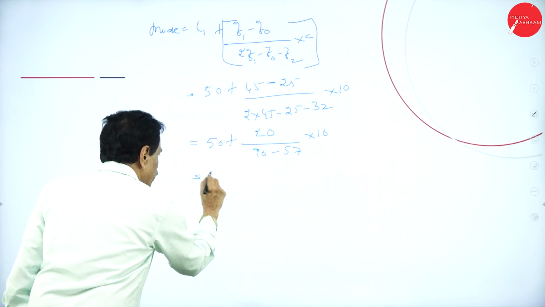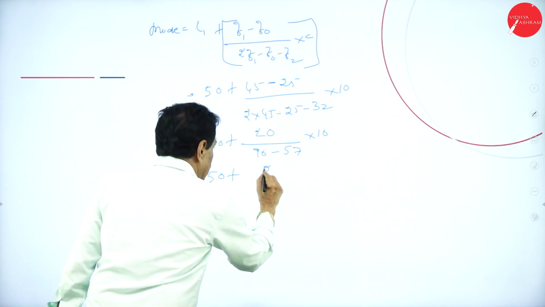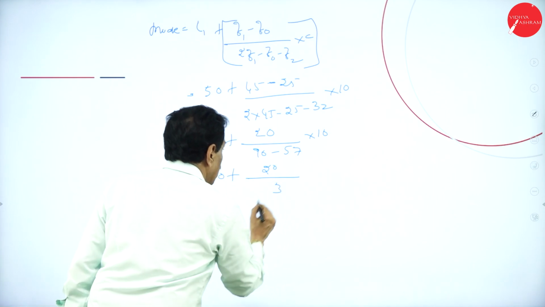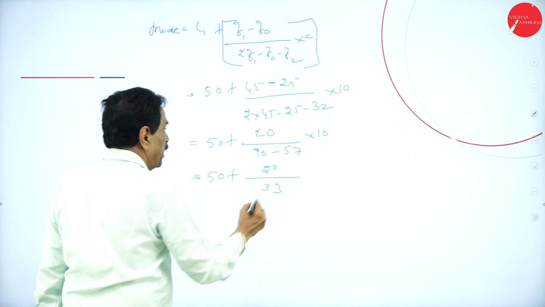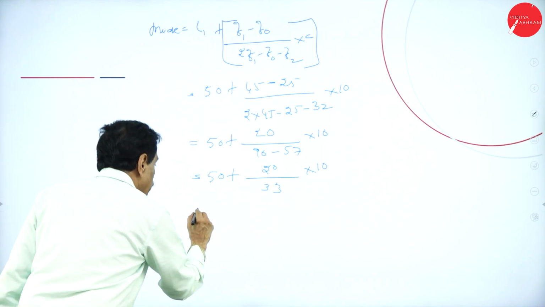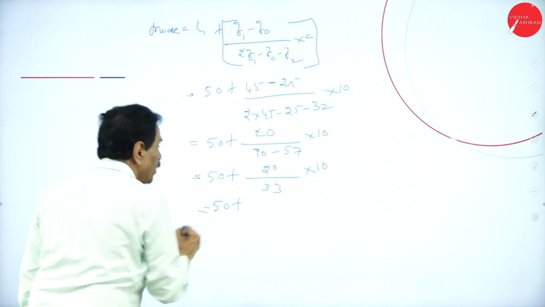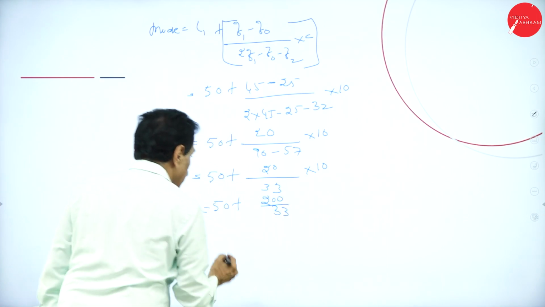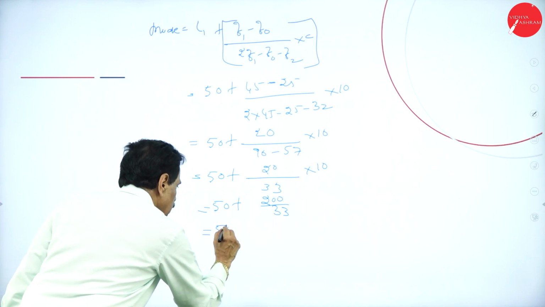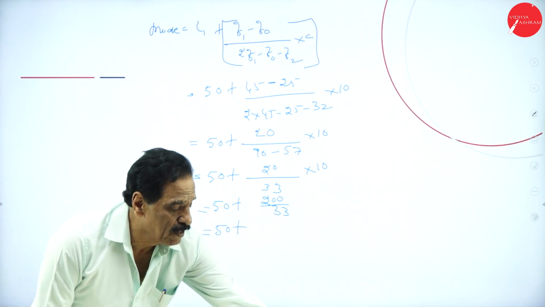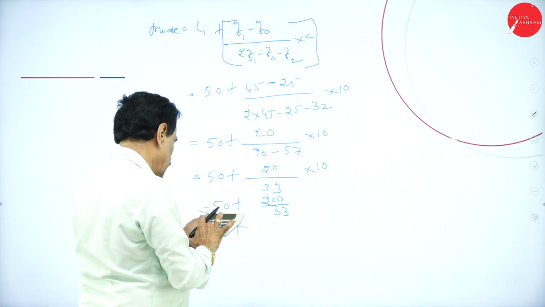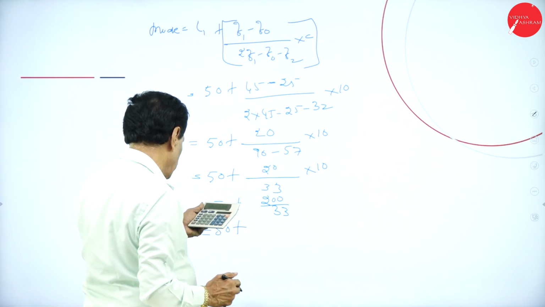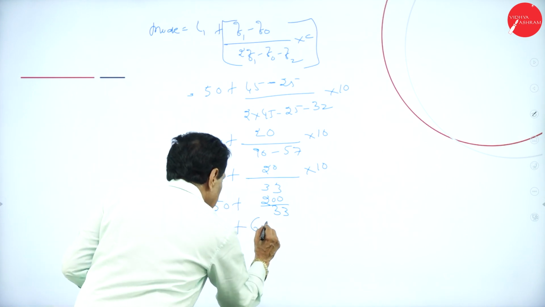Simplify these. 50 plus 20 divided by, 90 minus 57 is 33, into 10. 20 into 10 is 200 divided by 33, which is equal to 6.06.